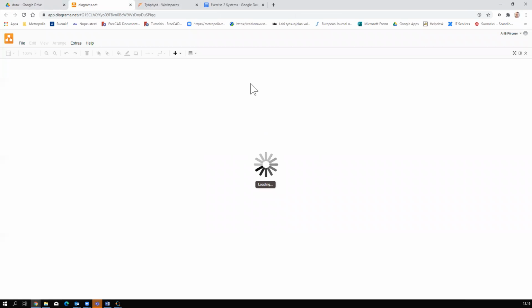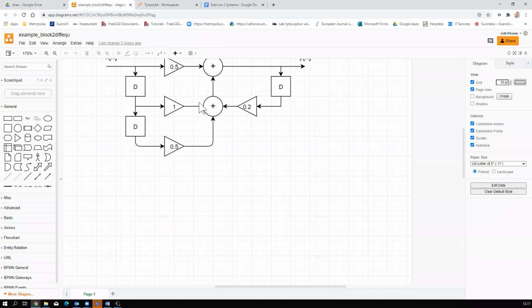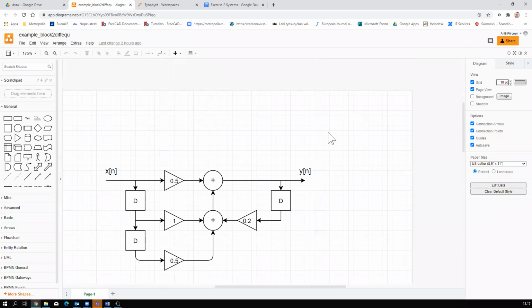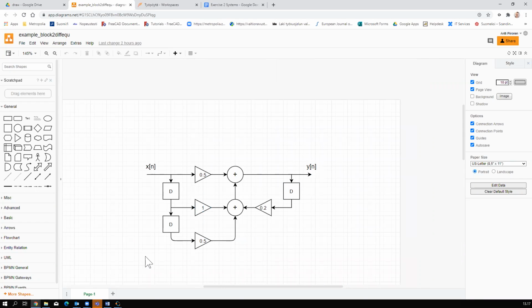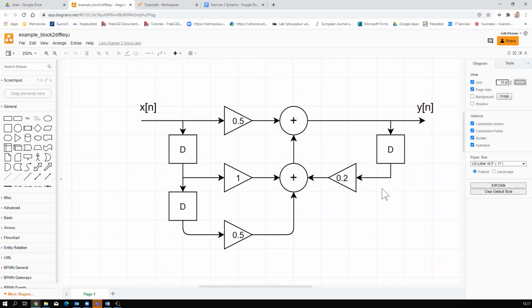By the way, if you want to draw nice diagrams for Google Documents, this works pretty well.